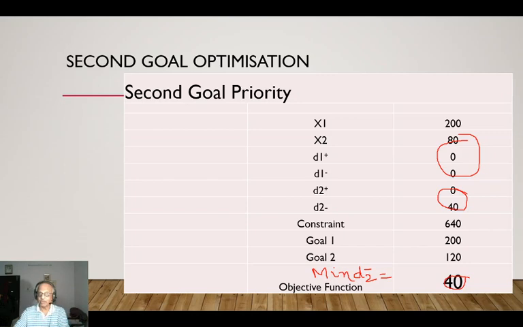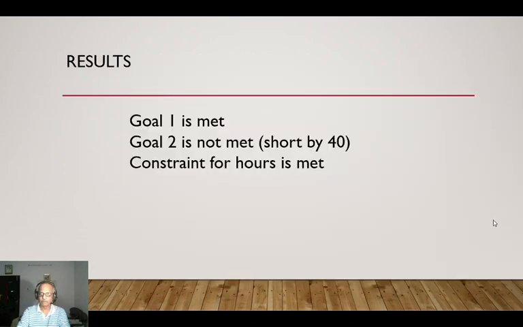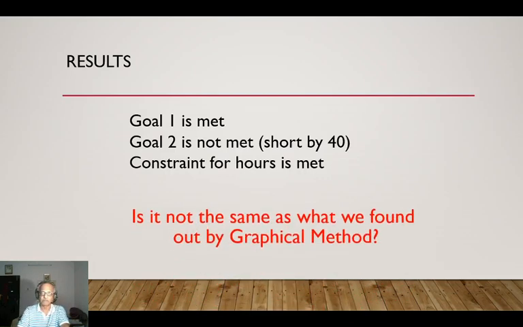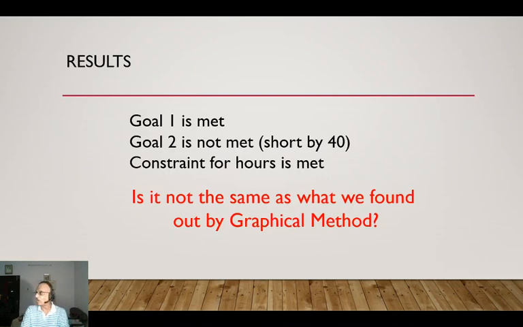If I take second priority, assuming D1 minus is 0 and minimize D2 minus, I'll get 40. So goal 1 is met, goal 2 is not met, short by 40, constraint for hours is met. So is it not the same as what we found out by graphical method? Exactly, it's the same.